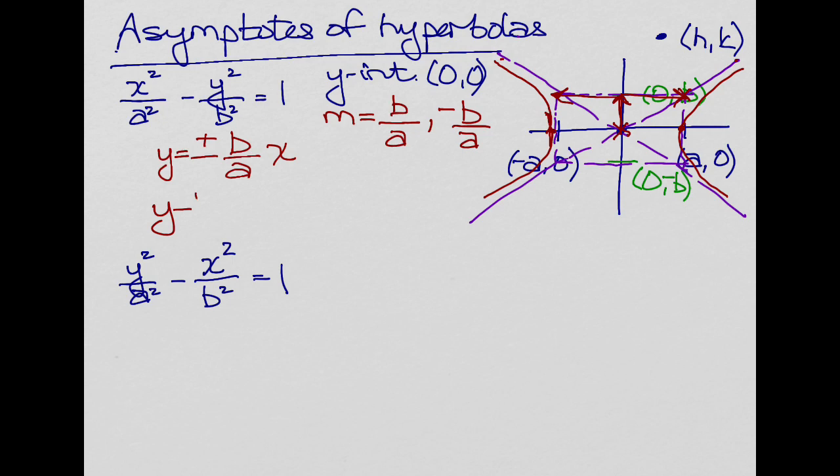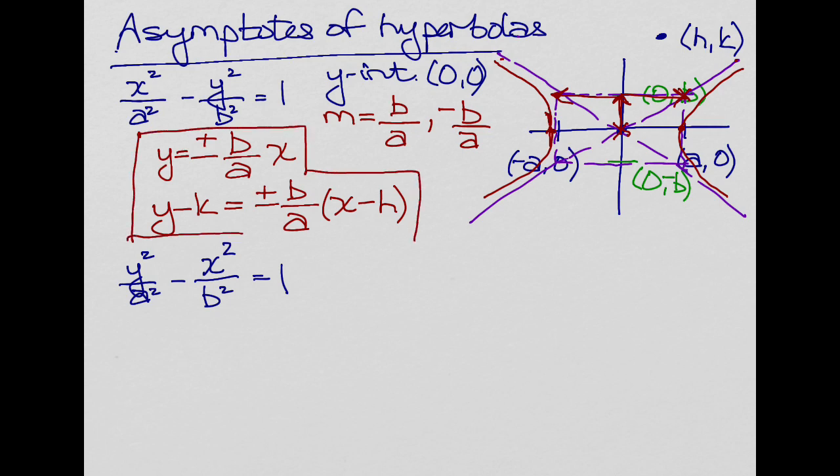So y minus k equals, slopes are the same though. There's a positive one and a negative one. Slope is b over a. And then x minus h, those parentheses are important. So equations of the asymptotes for a hyperbola centered at 0, 0, and centered at somewhere else, h, k.